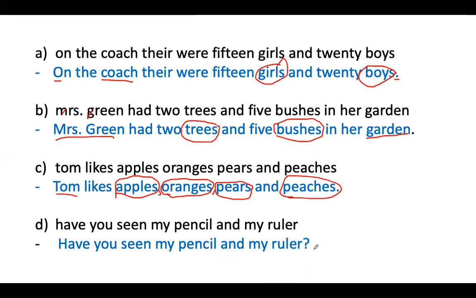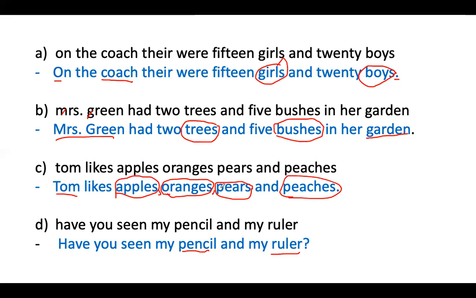Have you seen my pencil and my ruler? Now, what is the singular noun here? Have you seen my pencil? Pencil is a singular noun. Underline it. And my ruler. Ruler is again a singular noun. So there were only two singular nouns here, no plurals. So we have done with this exercise as well.